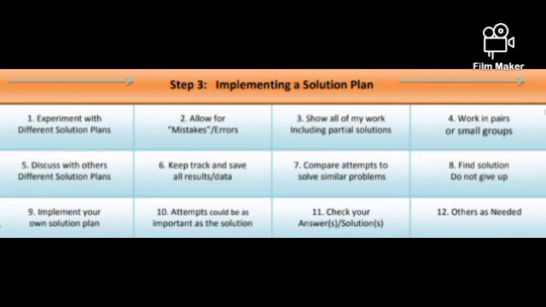An advantage of this strategy is there is someone to check whether you are doing right or you are heading in the right direction.